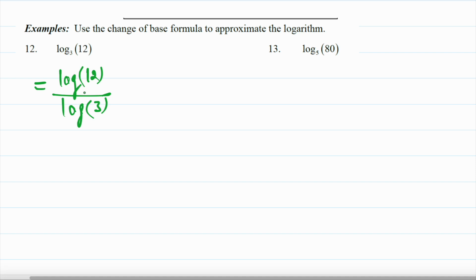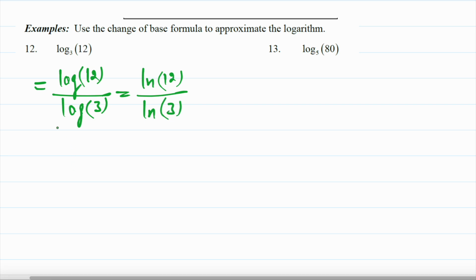So now you will say we don't have any base here. If we don't have the base of log, it is basically 10. So the base is 10 when we don't have any base. Okay, we can also write it equal to natural log 12 over natural log 3.